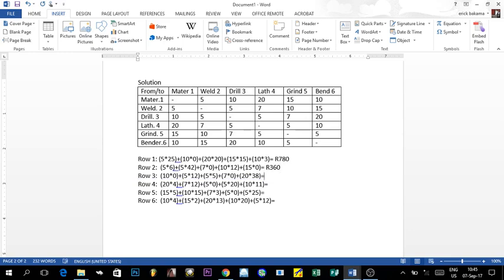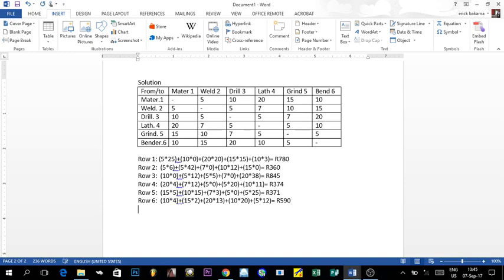The third one, we get a value of 845. The fourth row, we get a value of 374. And room 5, we get a value of 371. And room 6, we get a value of 590. By the way, the values that we get here are in rand. They are telling us the transportation cost for each row.